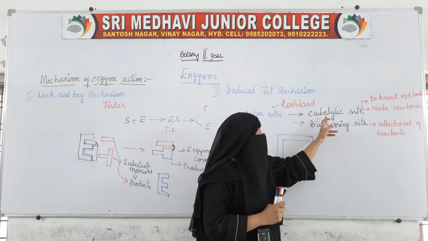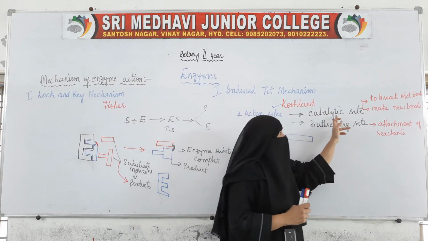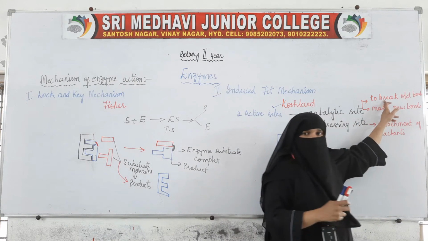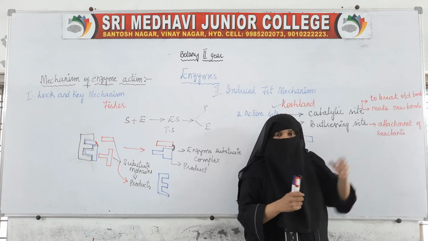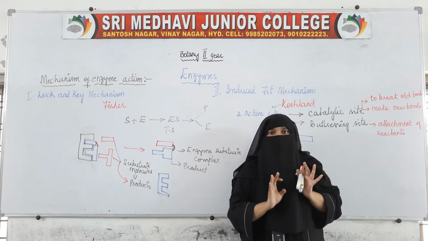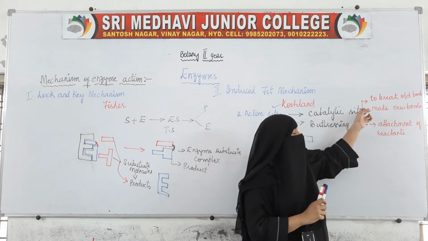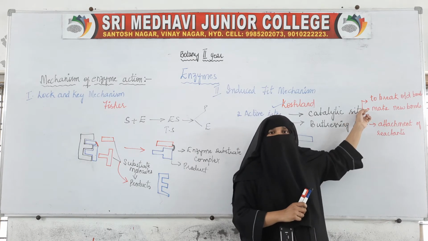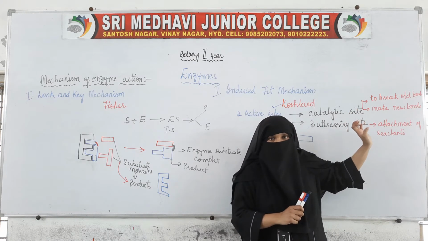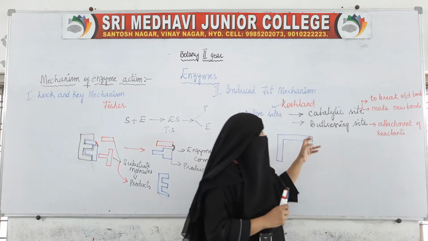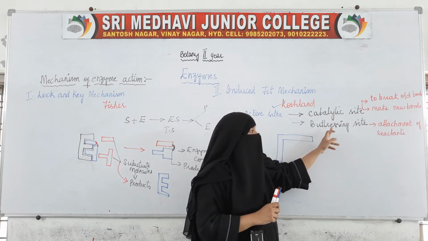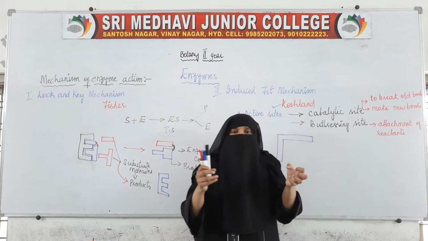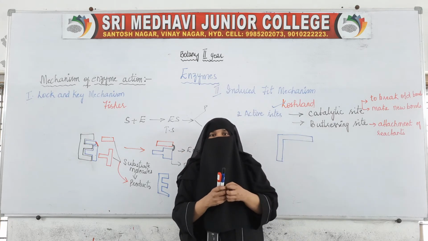What is the function of the catalytic site? It will help to break the old bonds or make the new bonds. That is, it can make or break the bonds. Now the next site is the buttressing site. This is the site where the substrates come and attach.